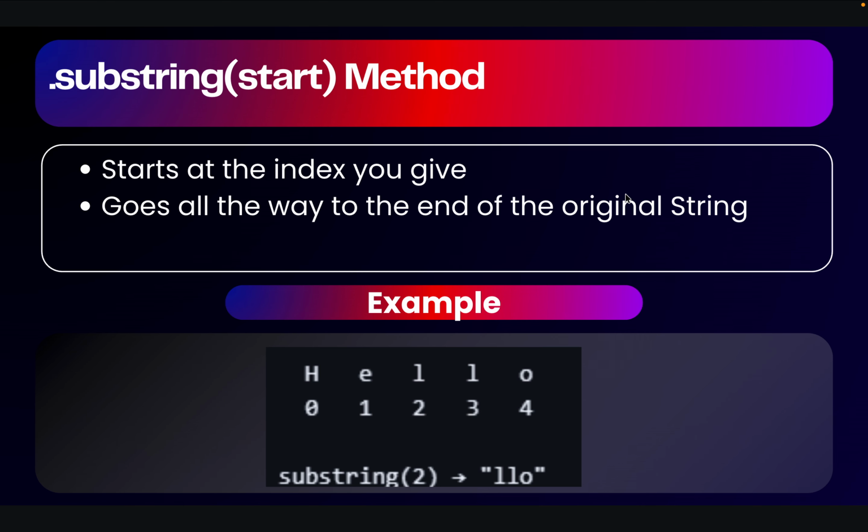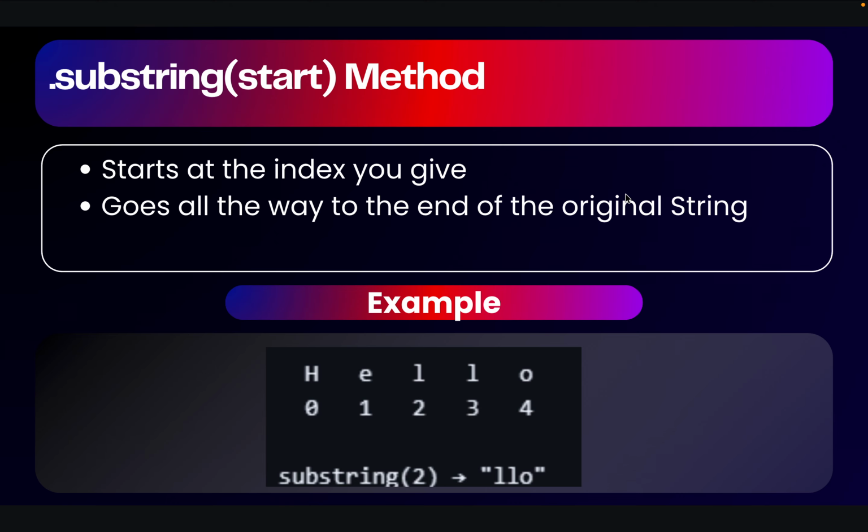So when you're using the substring start method, you would basically tell the program the index you want to start at. And it will start at that position and pretty much go through the rest of the string and include whatever's after that index.